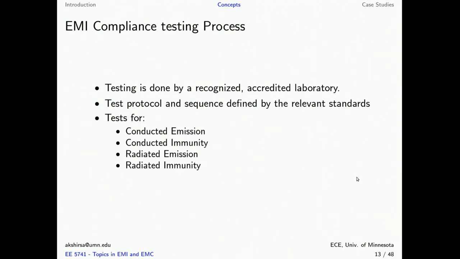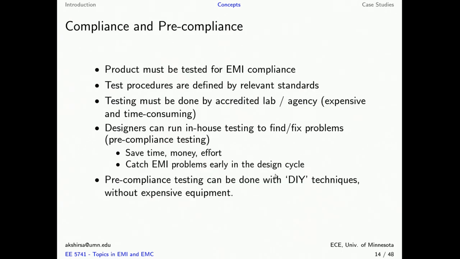The standards bodies that I mentioned earlier are also in charge of making sure that these accredited laboratories are following the standards and so on. The test protocol and sequence are very strictly defined by the relevant standards, and these tests can consist of one or more of these things, usually conducted emission, conducted immunity, radiated emission, and radiated immunity, and they're usually done one by one.